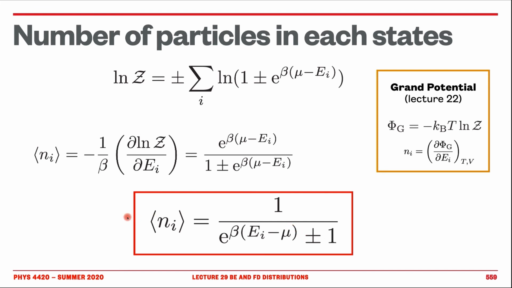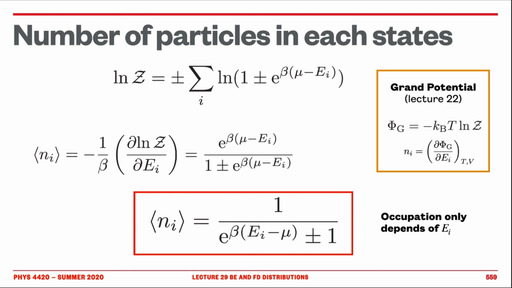So one thing that's very good, and this is pretty amazing, so it's a good idea to think about it, is that the occupation of state i only depends on the energy of state i. This is a bit surprising because, well, surely the occupation of a state should depend on how well the other states are occupied.